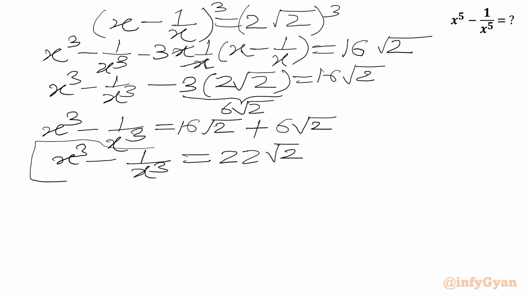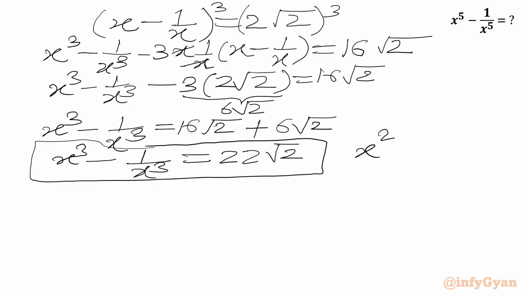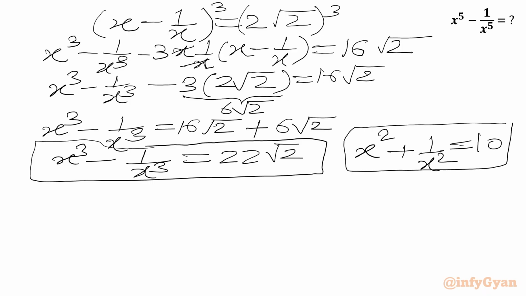Now I will write this equation in the box. And our second equation was x square plus 1 over x square equal to 10. Now this is our required expression. So let me write our expression formula directly.